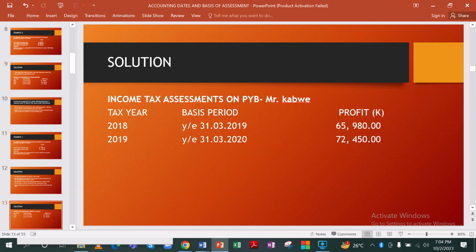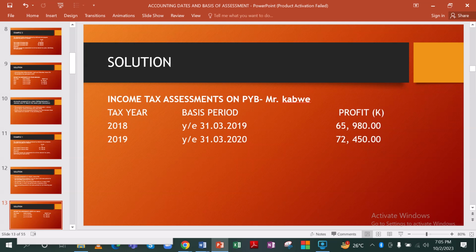So the period of generation of income is 1 year ending 31st March 2019, that profit is the basis of calculating the tax in the tax year 2018. That's why we are calling it basis period. And the profit generated in this period is the 5,980 kwacha, which will be calculated in the tax year 2018.